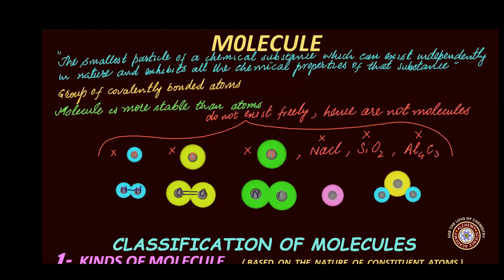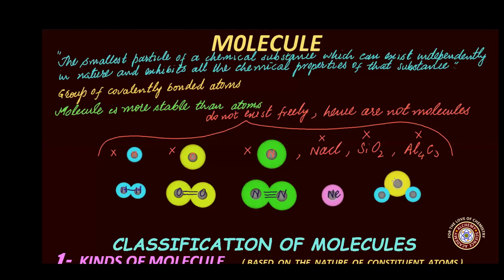This is a nitrogen molecule in which both nitrogen atoms are glued together by a triple covalent bond. This is, for example, neon or any noble gas. It can also exist freely in nature, hence this particle can also be called a molecule. Actually, it is a monoatomic molecule.